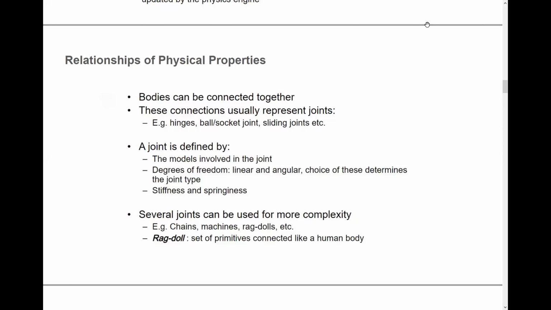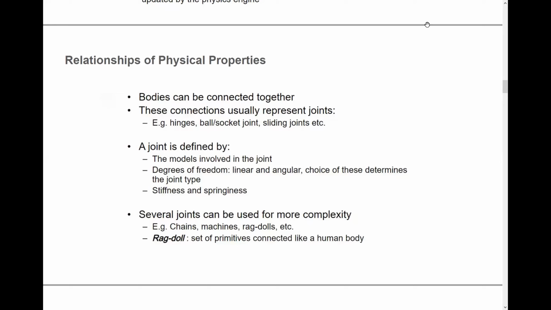Now let's look at the relationships of these physical properties that we discussed a minute ago. Using these, the bodies can be connected together. So these connections usually represent joints. What is a joint? Well, a joint is defined by three things. First one, the models involved in the joint.